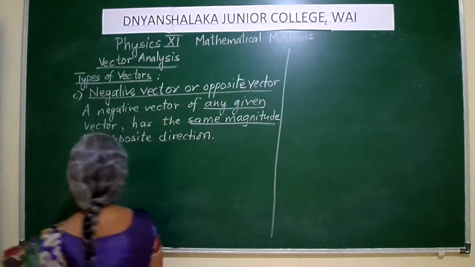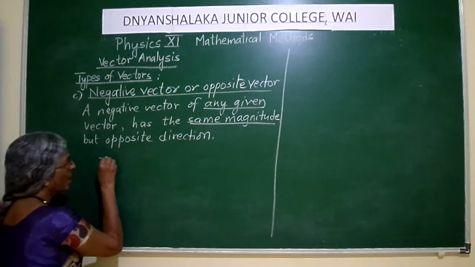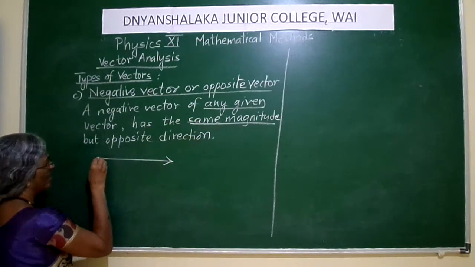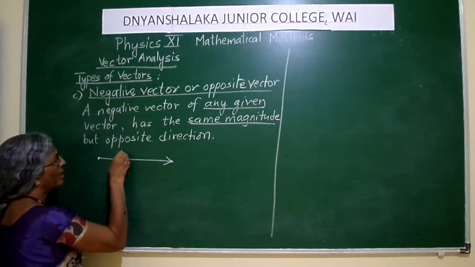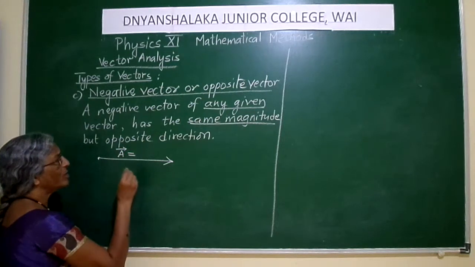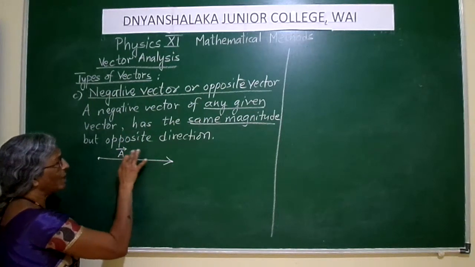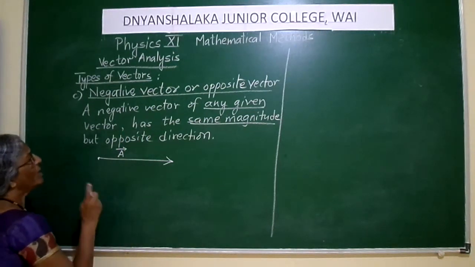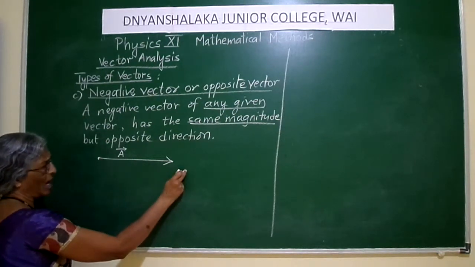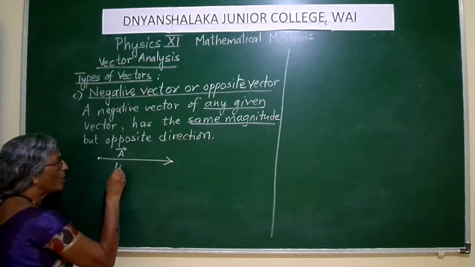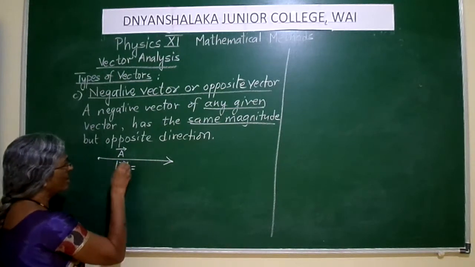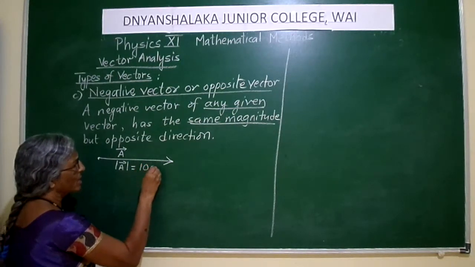So let me have a vector with me. Say I have this as vector A and I take the magnitude of this vector A. Say I have the magnitude of this vector in this direction, so this is the magnitude of the vector, and let me take this equal to 10 centimeters.